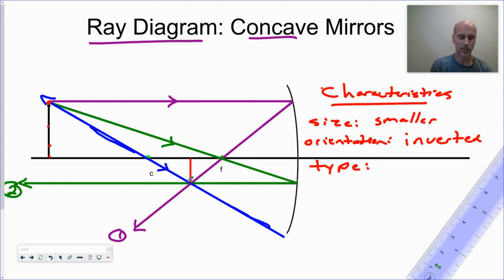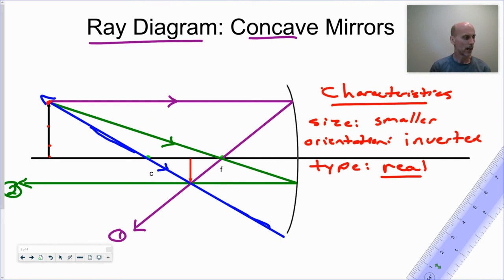If the rays of light really intersect at one point, and that's where we draw our image, then we call it a real image. If they don't really intersect, if they only virtually intersect, we call them a virtual image. So this one is nice and neat. It's a real image, and so we'll just categorize it as such. But keep in mind, you'll see other ray diagrams in which the image is not real, it is virtual.